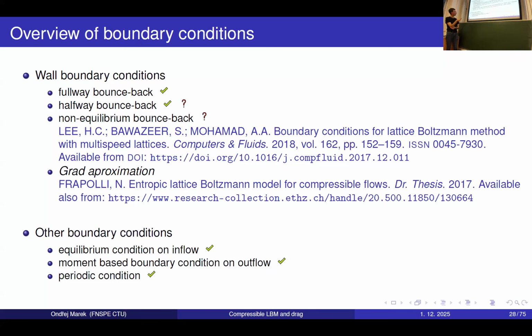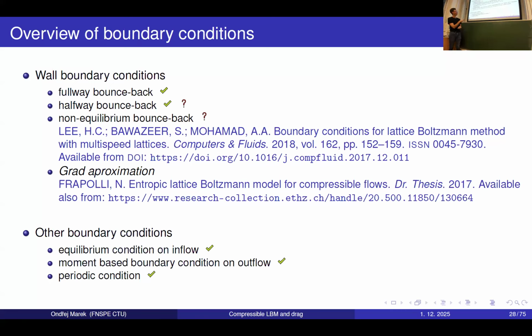And other boundary conditions that we have, I will just go over these: the equilibrium on outflow. We are just forgetting the distribution functions that are going out of the fluid and normalizing the pressure, which in the Lattice Boltzmann method is taken in the simplest case as linearly dependent on the macroscopic density.